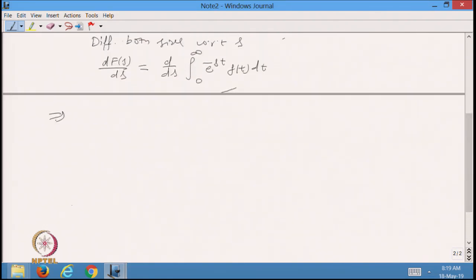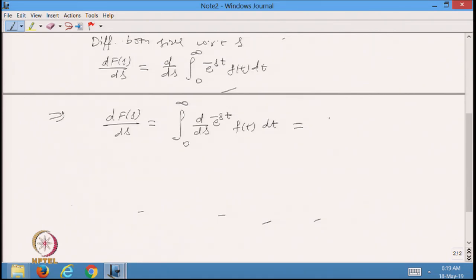By the Leibniz rule I can take this differentiation inside, and this becomes dF/ds equal to the integral of the derivative of e raised to power minus st, because we are differentiating with respect to s. f(t) stays the same, and then dt.